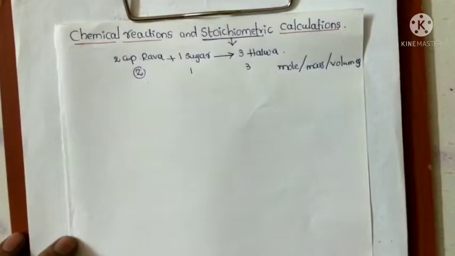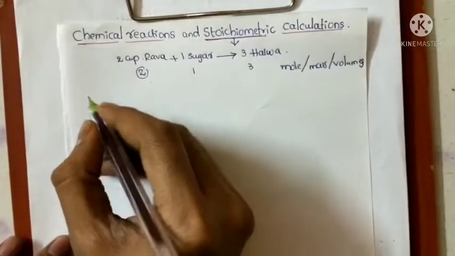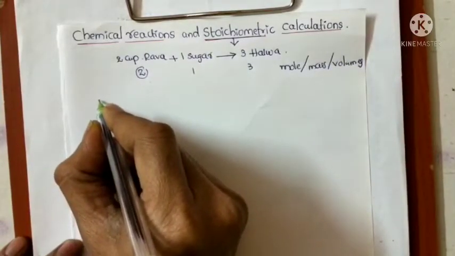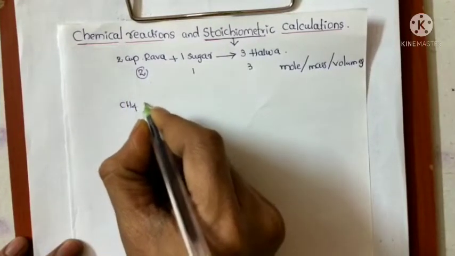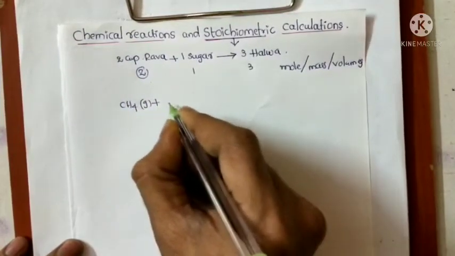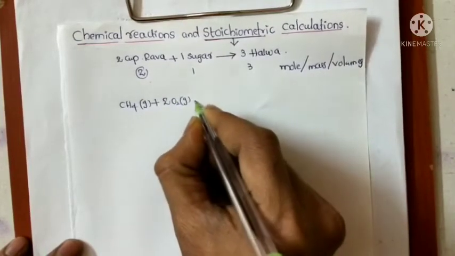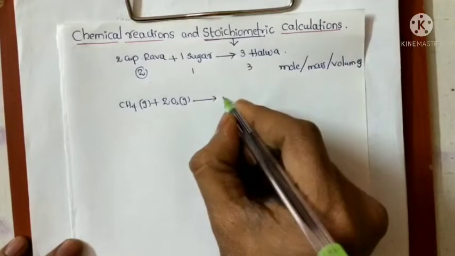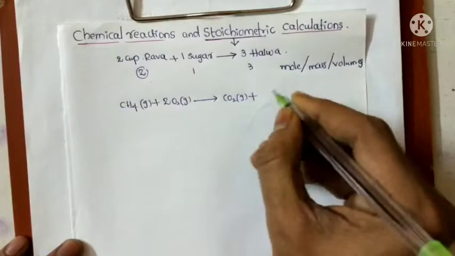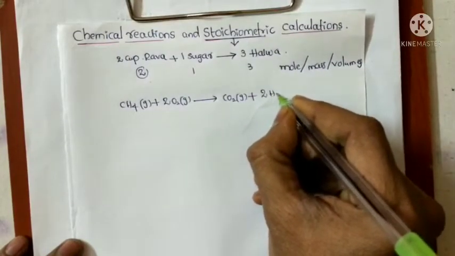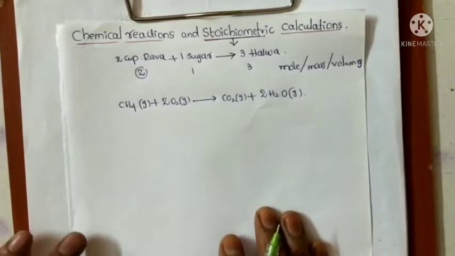Okay, for example, we take a general reaction, that is the combustion reaction of methane. In the methane combustion reaction, 1 mole of methane gas reacts with 2 moles of oxygen gas to form 1 mole of carbon dioxide gas plus 2 moles of water, which is in the vapor state.